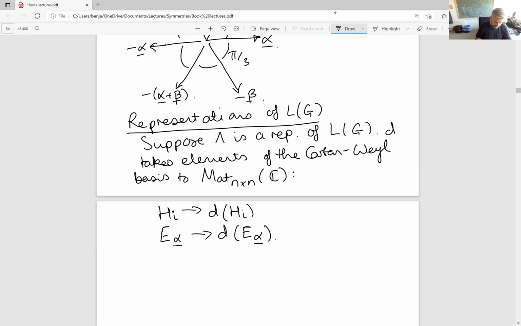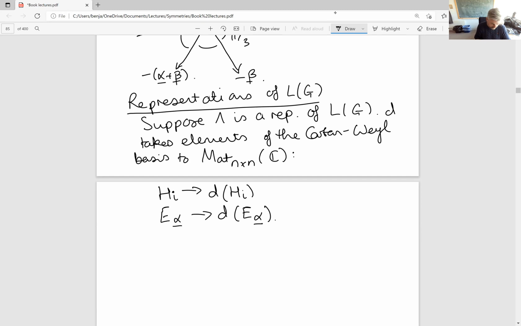And of course, as we said when we introduced representations, and several times since, these representation matrices satisfy the Lie bracket conditions. So let's assume for now that our Cartan subalgebra representation is diagonalizable for all i.